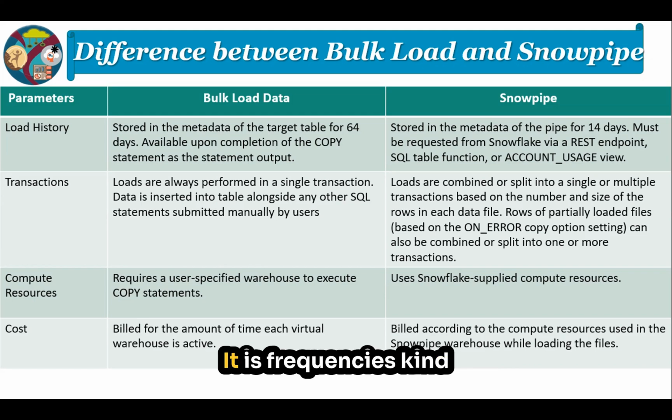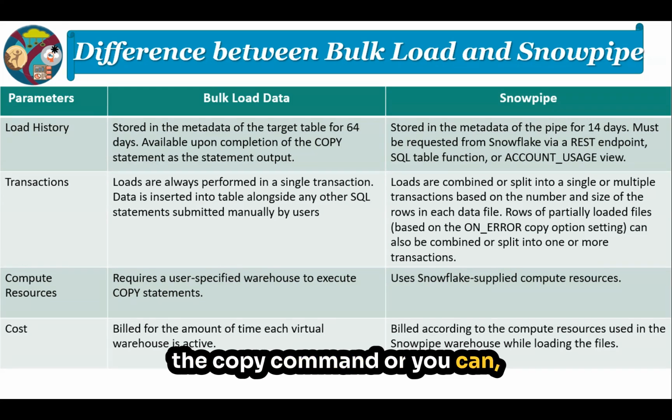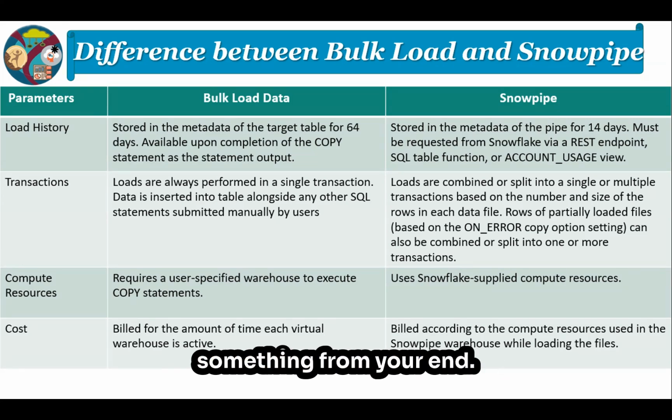Bulk load has a lower frequency, I mean daily or weekly, depending on the business use case. Also, with bulk load, we need to manually execute the copy command or call the stored procedure. Basically, you need to take care of something from your end.